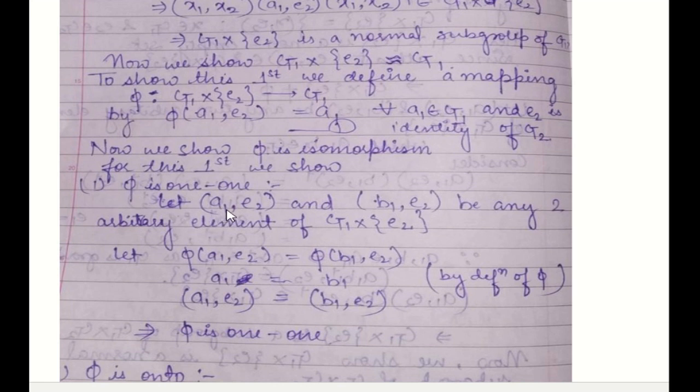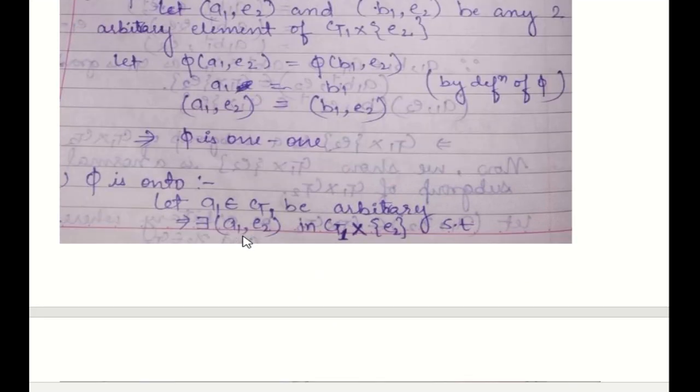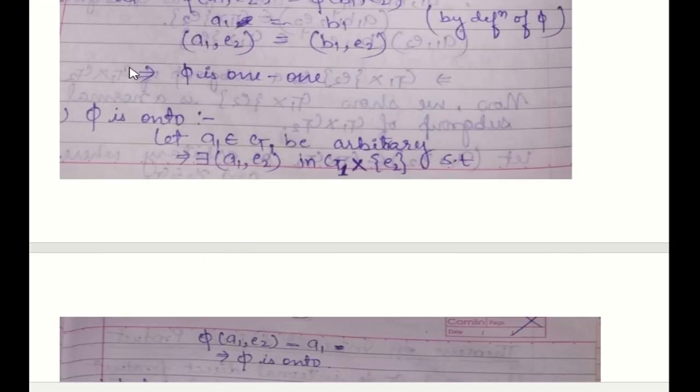Let A1 E2 and B1 E2 be any two arbitrary elements of G1 cross E2, and let their images be the same. That is, phi of A1 E2 is equal to phi of B1 E2. This implies A1 is equal to B1. So we have A1 comma E2 is equal to B1 comma E2. So phi is one-one. Now we show phi is onto.